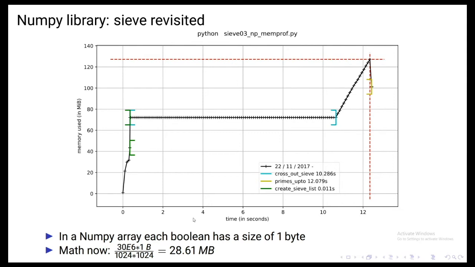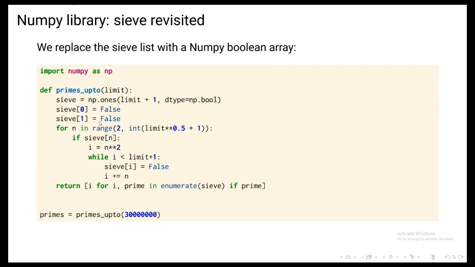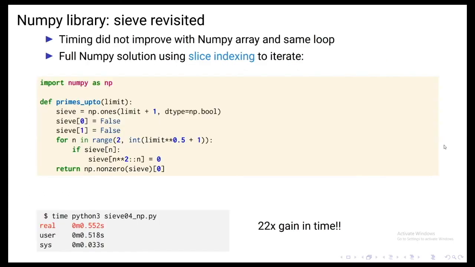As I said, here we are not seeing any gain in operating on this Boolean NumPy array: doing the crossout on the NumPy array or on the Python list takes the same time, about 10 seconds. And yes, that's because we are not profiting to the maximum from what NumPy can offer.